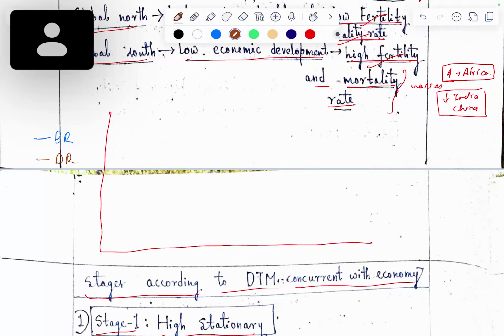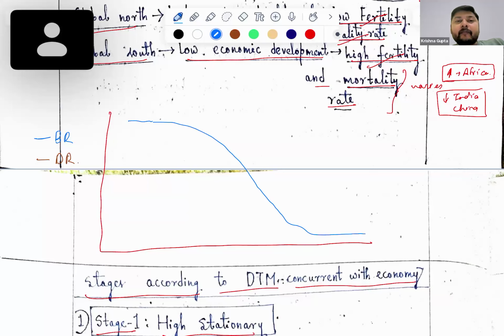Initially the birth rate is high, but it starts to decline, almost like this. But it is the death rate which is declining first. So this is stage one.